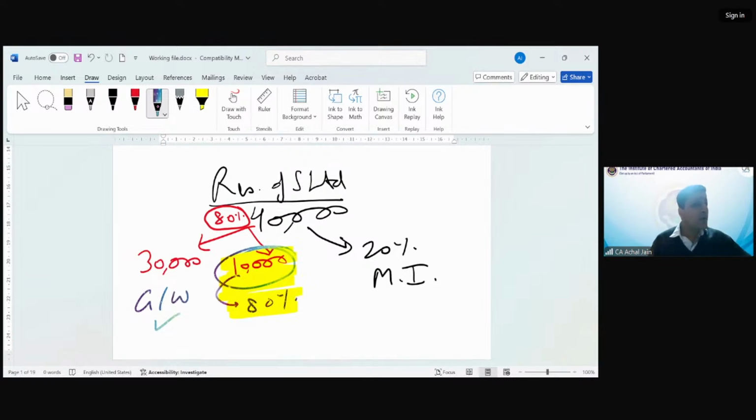Okay. So therefore, what is it that you need to do? In fact, to be more specific, this 40,000, you need to split into two parts. So one part of this will be what? 32,500. In fact, let me just change this. So this will become 32,500.